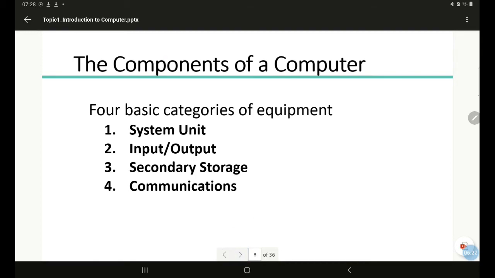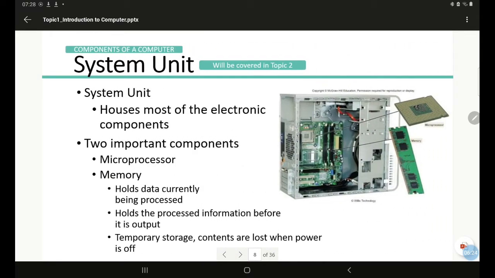The motherboard is this big plate where all the small components are attached. This is where the microprocessor is located on the motherboard, and the memory card is located here in the slot.